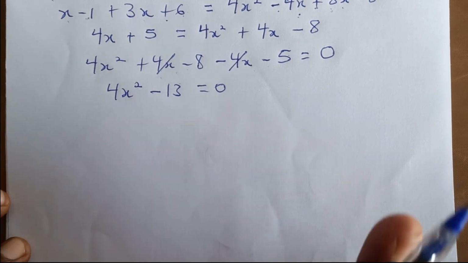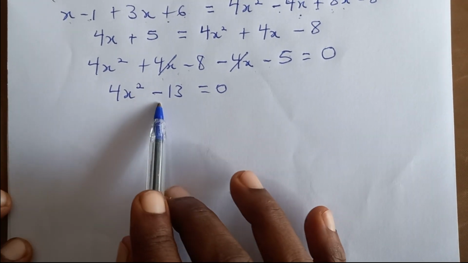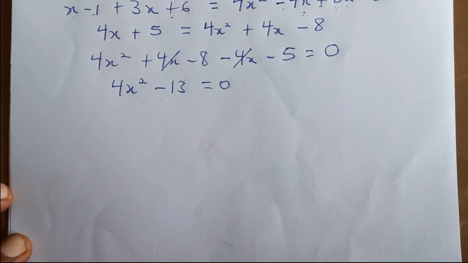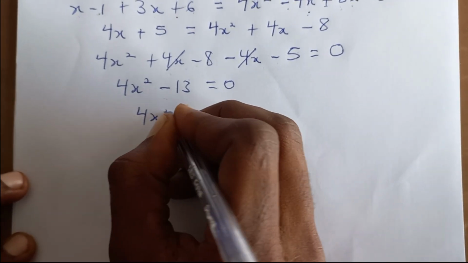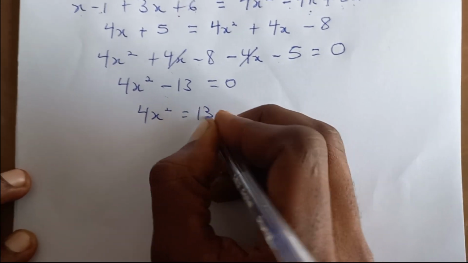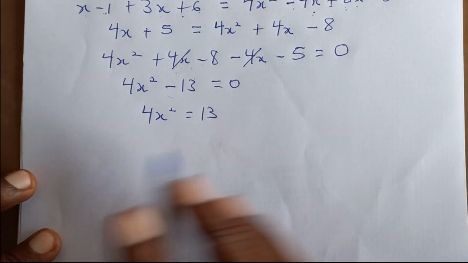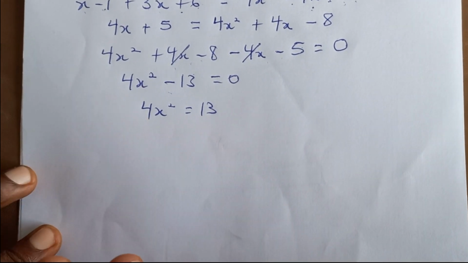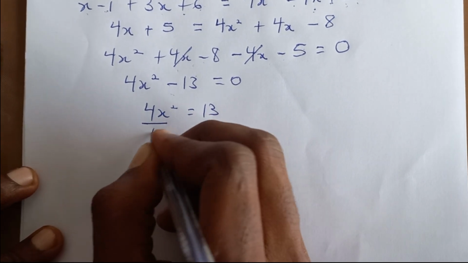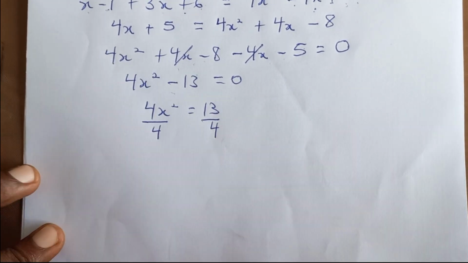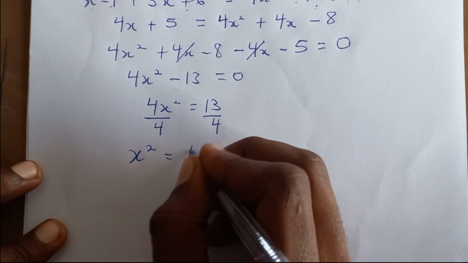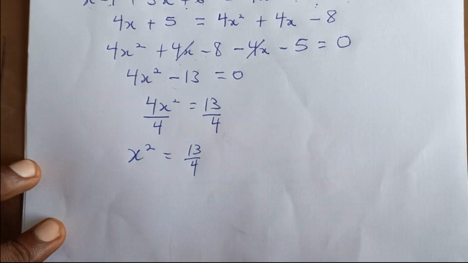This is a quadratic equation. We can send our 13 to the right hand side. So 4x squared is equal to 13. Now we can divide both sides by 4 to get our x. So we get x squared equal to 13 over 4.